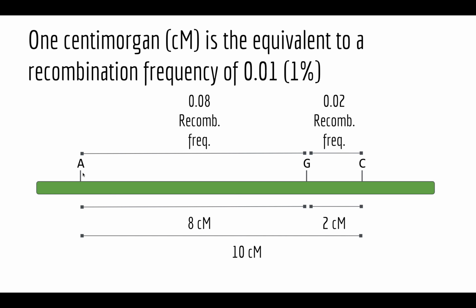So 1% of gametes will be recombined between these two markers, say, and so they have a distance of 1 centimorgan. On average, a centimorgan works out to about 1 million base pairs, but that's highly variable. That depends upon the recombination rate between two markers. But the main reason I want to bring this up is that when we sample and sequence an individual's genome, we're not only finding new variants that exist in that individual's genome, we're also getting a mosaic of that individual's parents' genomes.